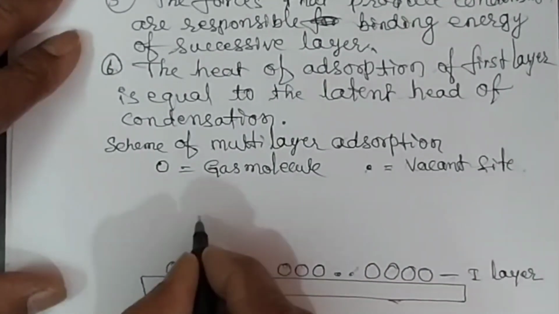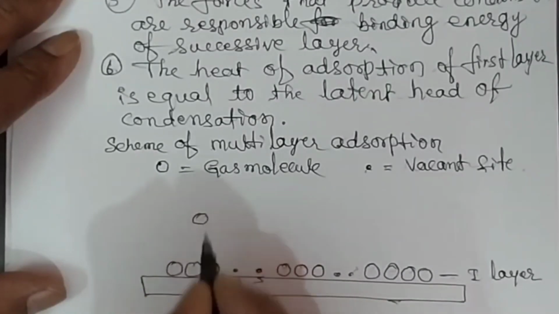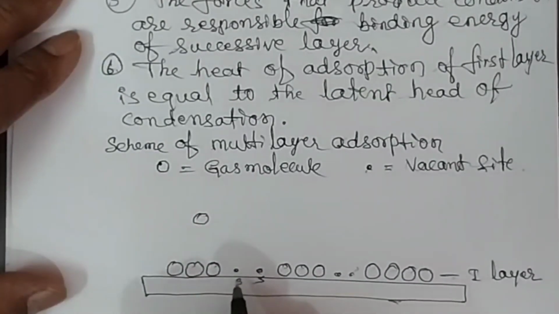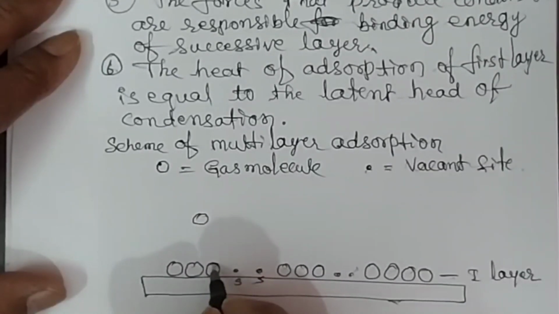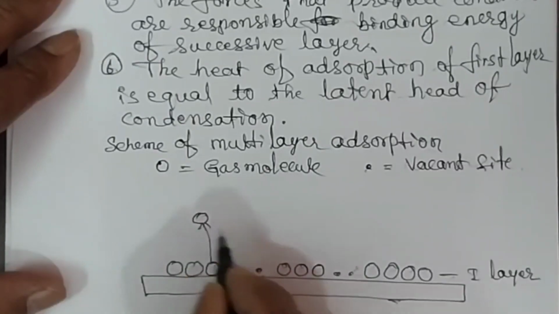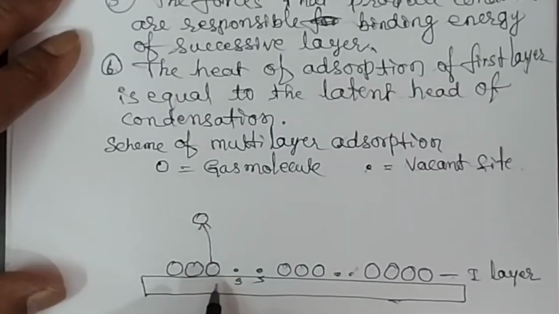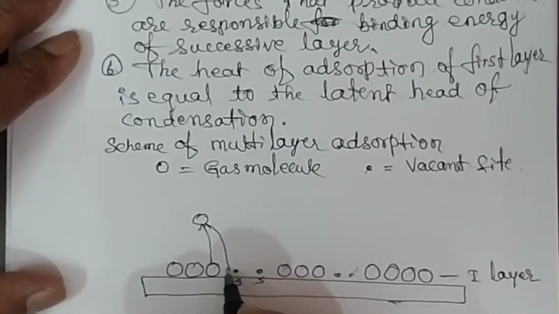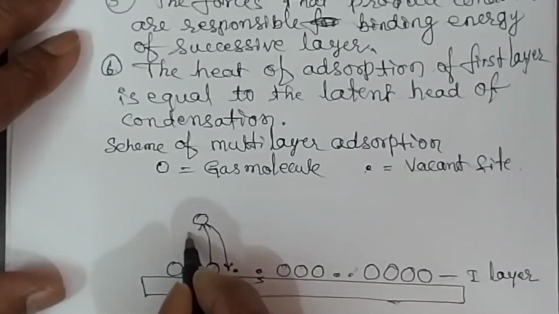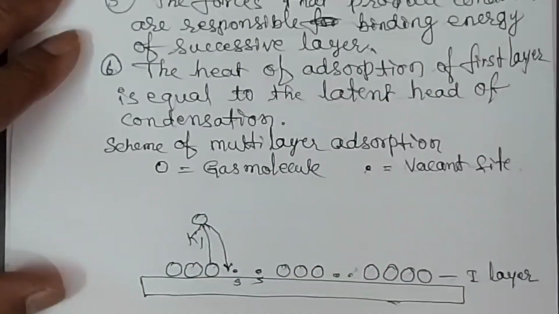Means when the gas molecules adsorb on the free sites, they form the first layer. Now when one gas molecule gets evaporated, it forms the free site, and when it is condensed, it forms the first layer. Suppose this is equilibrium K1.